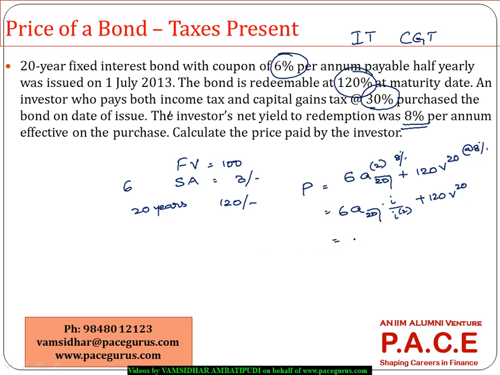So from the actuarial tables, I can try finding the values of i(2) and so on at the rate of 8%.